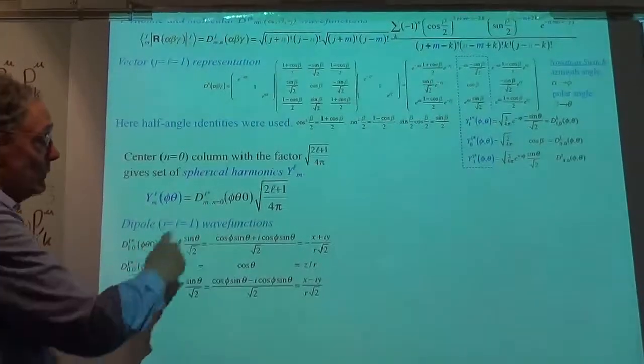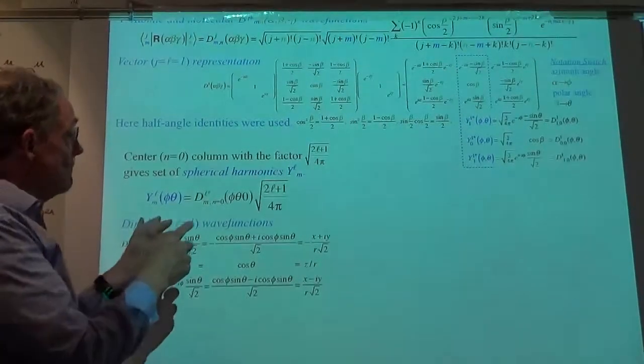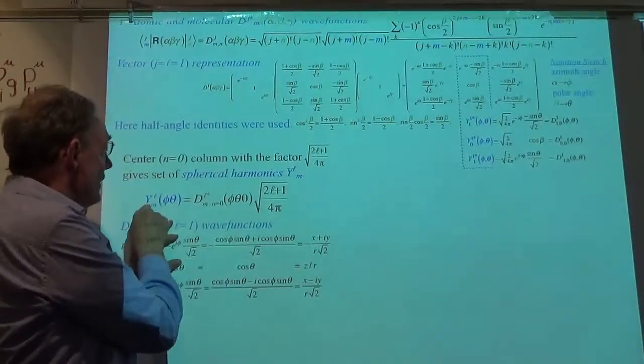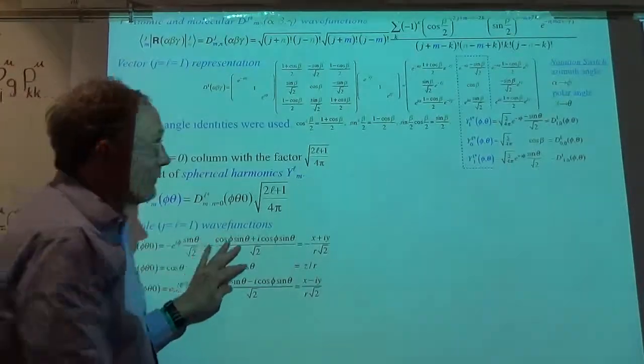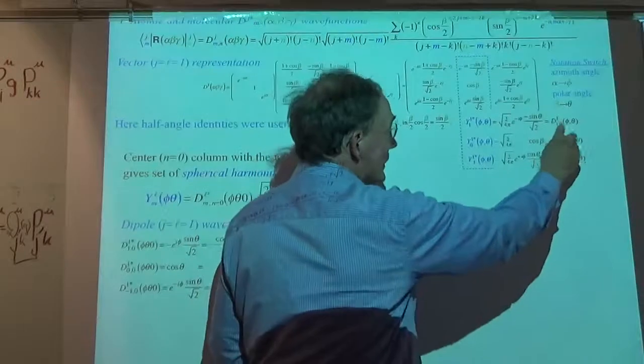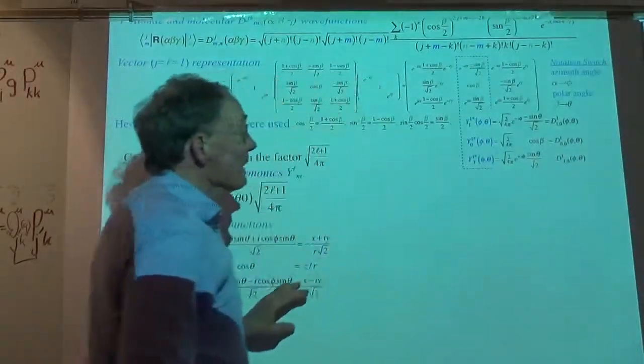But here are the usual dipole wave functions gotten by taking the complex conjugation of d, that's the wave function yl in there. So yl star is the representation matrix that's sitting in this.